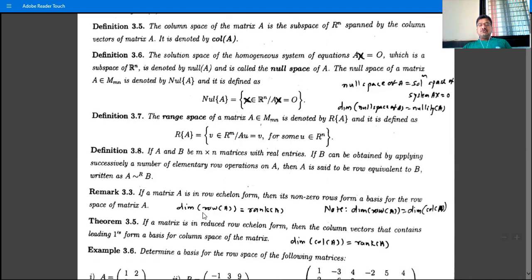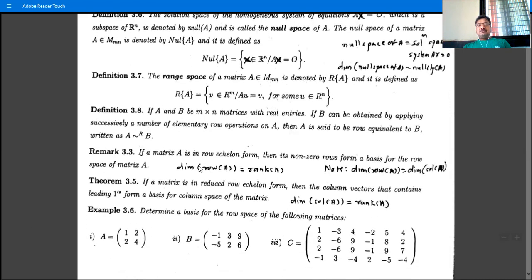And the dimension of the row space of A is called the rank of A, or the dimension of the column space of A is also called the rank of A. It means that for any matrix A, the dimension of the row space of A and the dimension of the column space of A are both the same, and this number is called the rank of the matrix A. That is, in order to find the rank of A, we have to find either the dimension of the row space or the dimension of the column space of matrix A. Both are the same and is called the rank of the matrix.